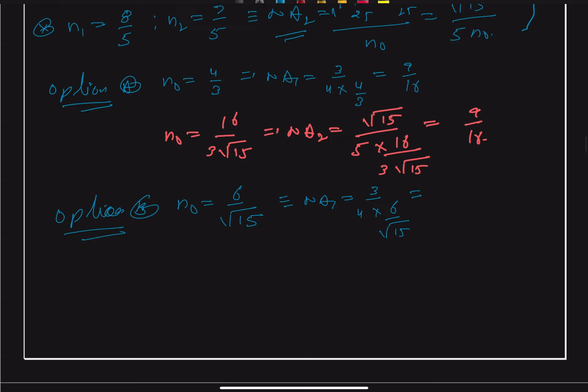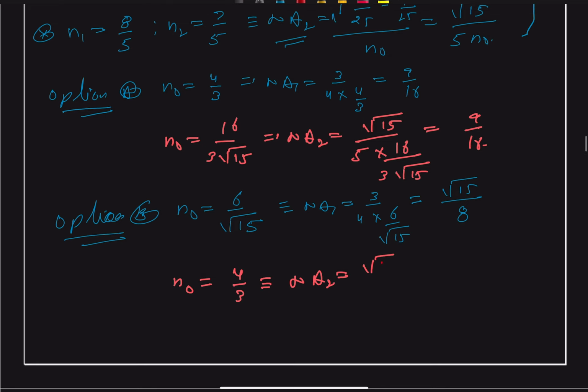So this gives us that our Na1 will be equal to square root of 15 divided by 8. And the other value of n0 that is given to us is 4 by 3. So this gives us that our Na2 is equal to square root of 15 divided by 5 multiplied by 3 by 4, so this comes as 3 square root of 15 divided by 20.